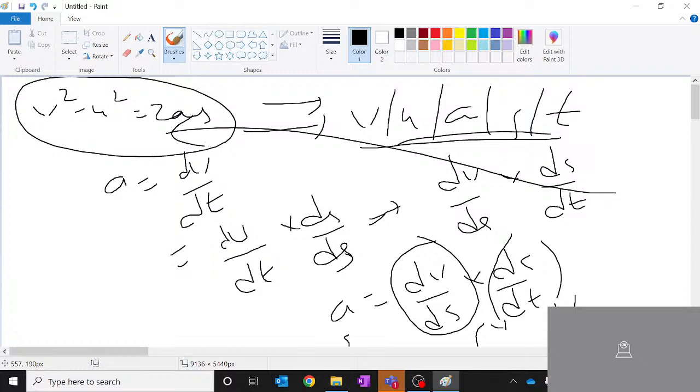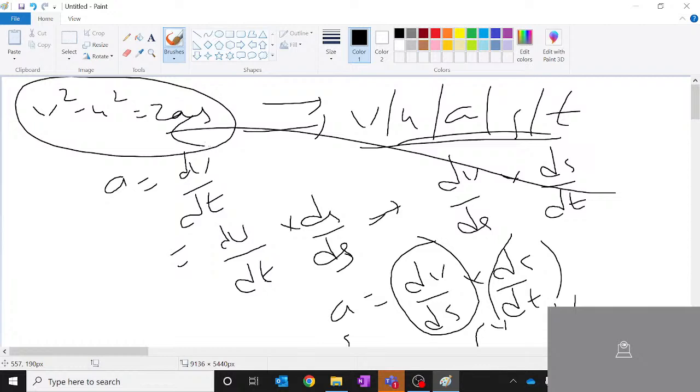Clear? All these things are simple topics. The moment you understand the question and the concept thoroughly, 90% I would say it's done. The remaining 10% is you will have to put it in the exact formula and then give the mathematical solution for that. That's all. Nothing more, nothing less.